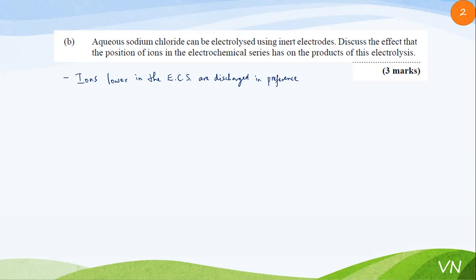So in this aqueous sodium chloride solution, we're going to have sodium ions, chloride ions, and we have hydrogen ions and OH minus ions.